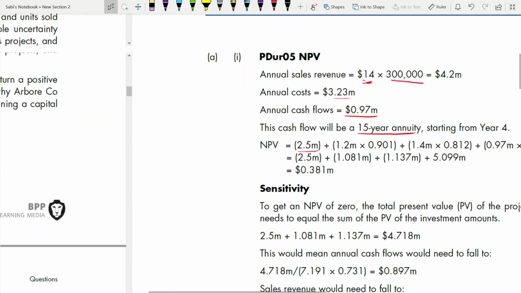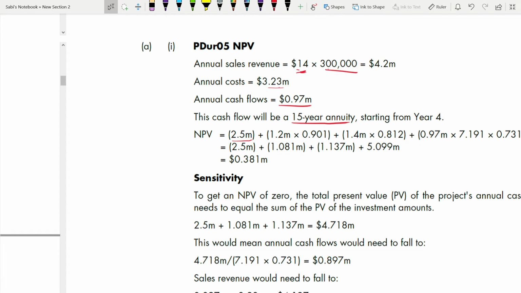So that's why even this is being discounted, 0.901 at 11%, which is 1 divided by 1.11, and for the second year likewise.